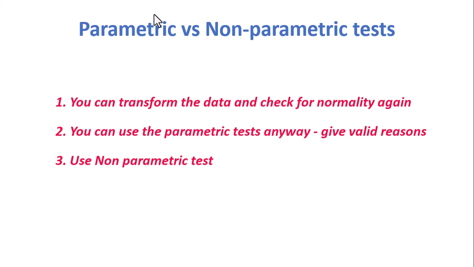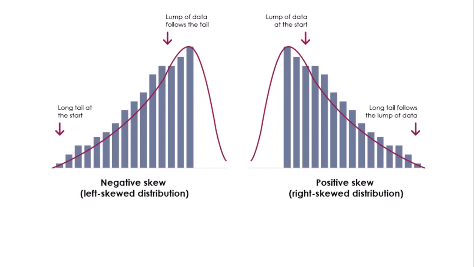But if the distribution is highly skewed, then the non-parametric tests generally have greater power because they are more robust against extreme values. And even where most of the data values appear to be normally distributed, but there are extreme values which are very far away, still you should use non-parametric tests because the parametric tests are very sensitive to these extreme values.